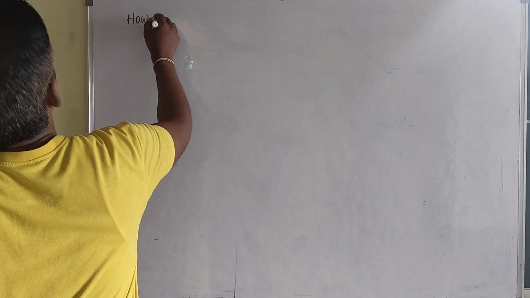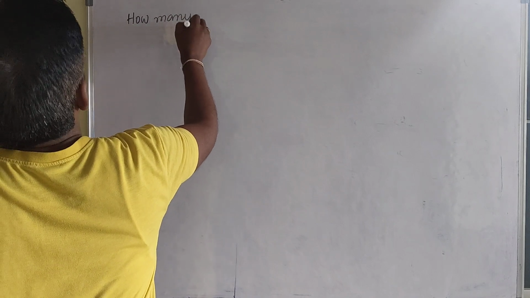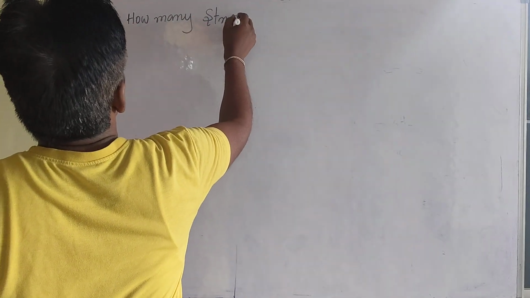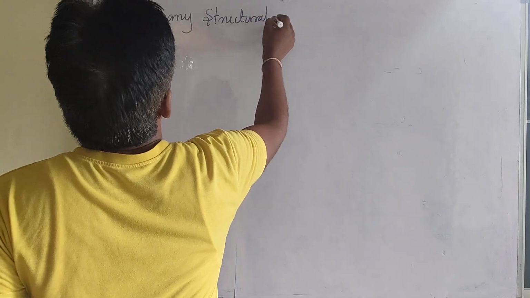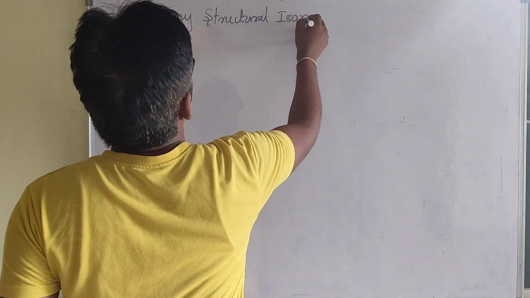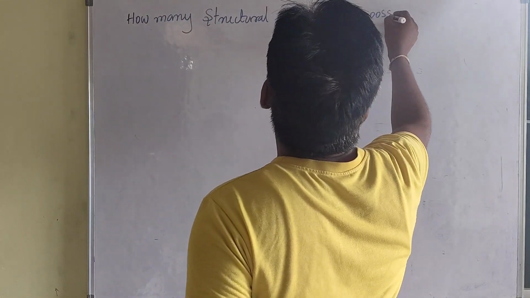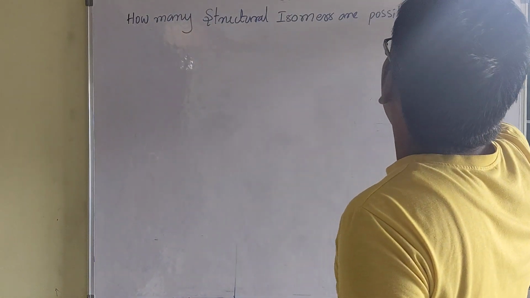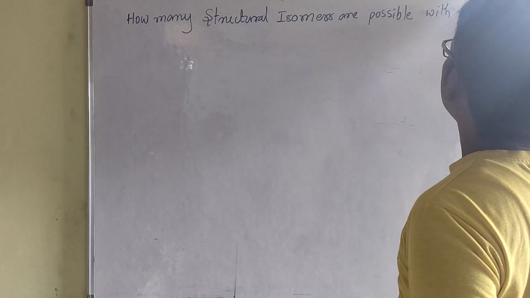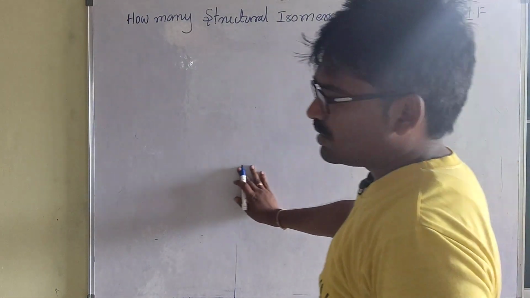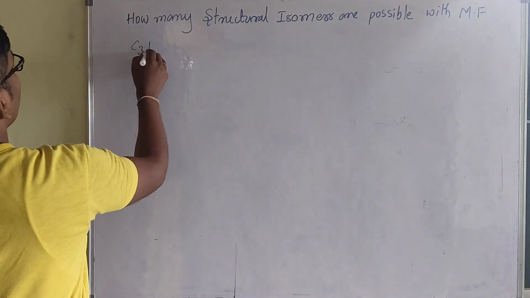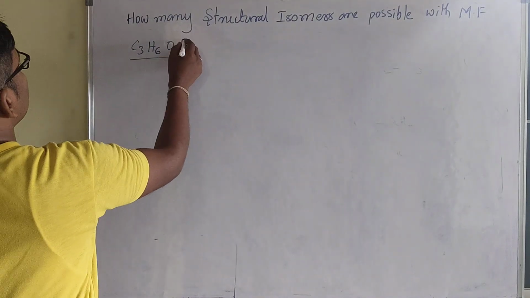How many structural isomers are possible with molecular formula C3H6O? This is given.